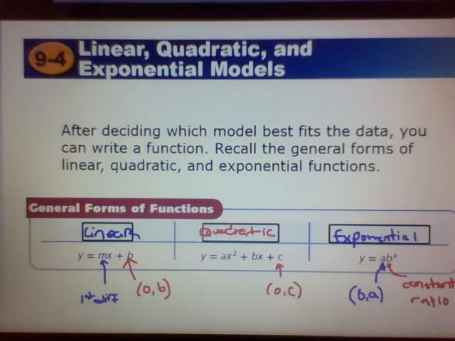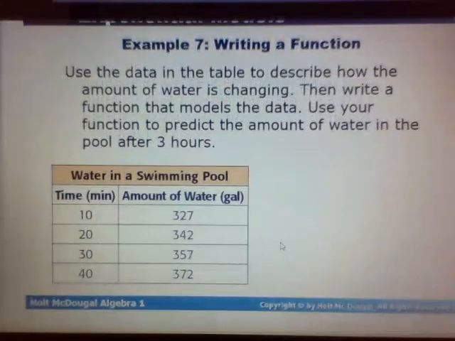All right. So looking at our first example here, we're going to write a function of this data, and we're going to use it to predict the amount of water in the pool after 3 hours. So we'll have a time here in minutes of 3 hours.